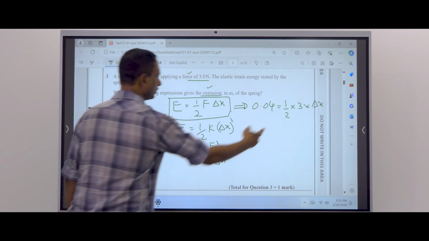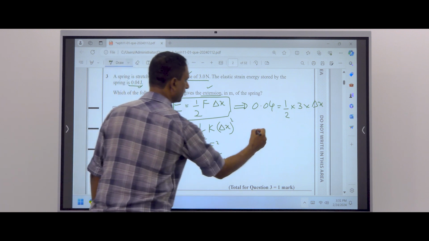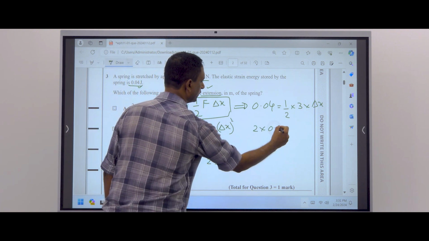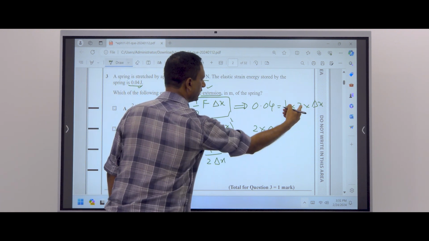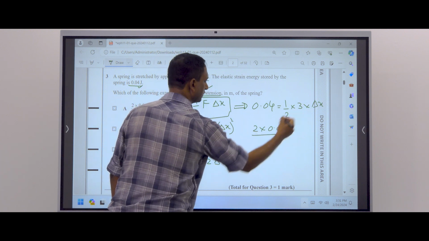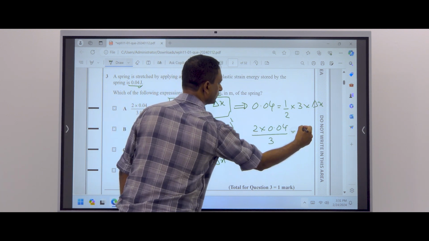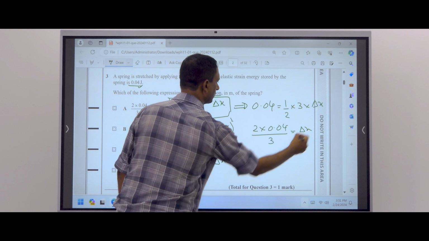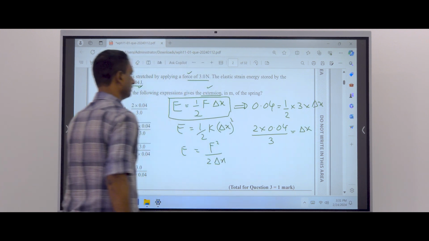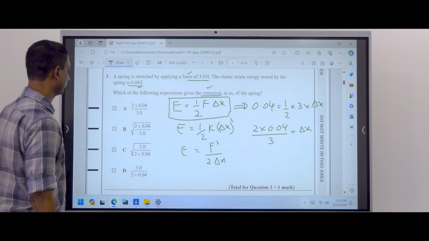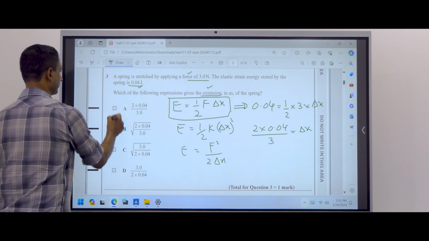Then when you take 2 this side, 2 multiplied by 0.04, and when 3 is taken to other side, you get delta x equals this. Answer A.